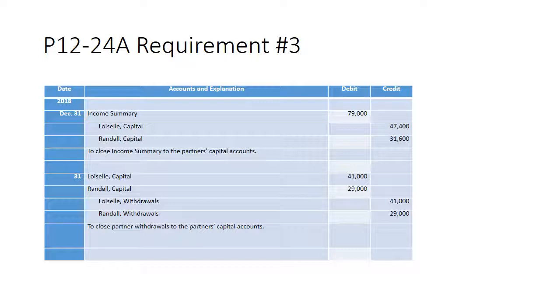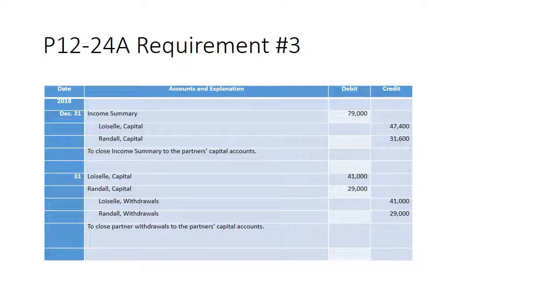So 60% of $79,000 will be credited to Loisel's capital account. Randall will have the other 40%, $79,000 times 40% or $31,600. And then we would debit the income summary. Before, in a sole proprietorship, when you did closing journal entries, you debited income summary and credited one capital account, one owner. Now you have to distribute those profits.